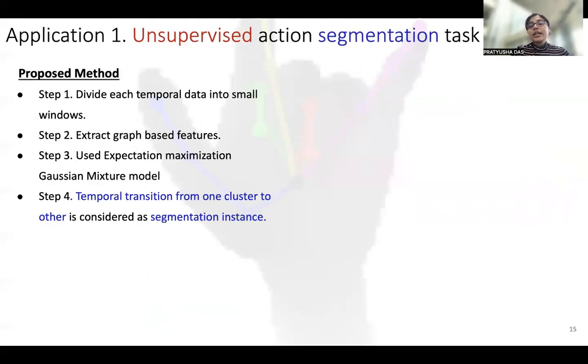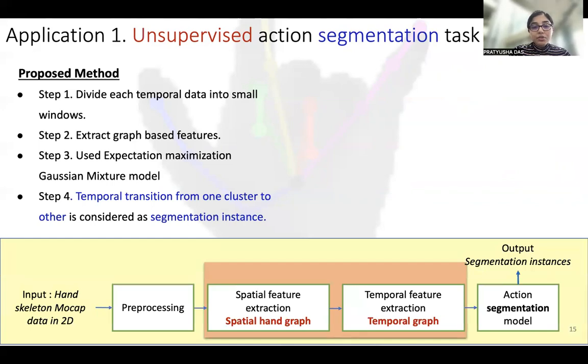Now, as I mentioned, this is an application agnostic technique, so I'll show you two different applications. The first one is an unsupervised segmentation task. In this case, we divide the data into small temporal windows and then extract features using this spatio-temporal graph Fourier transform.